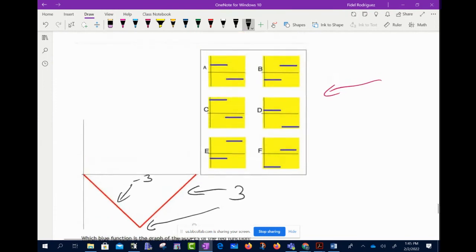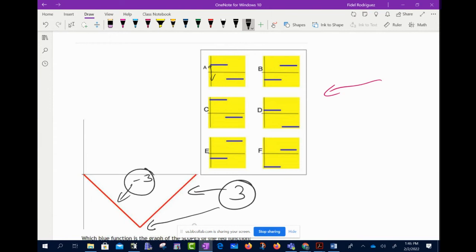So I'm going to look at my choices, A, B, C, D, E, and F. I want to find the graph where the first part of it is negative, and then the second part of it is positive, but they're the same distance from the x-axis. So those distances are going to have to be the same. But remember, it's first starting off at negative, and then it goes to positive.